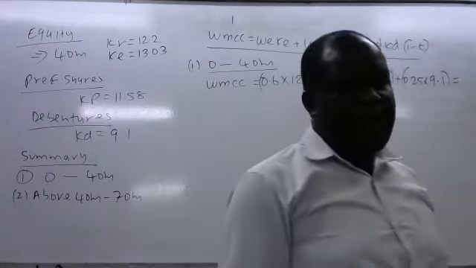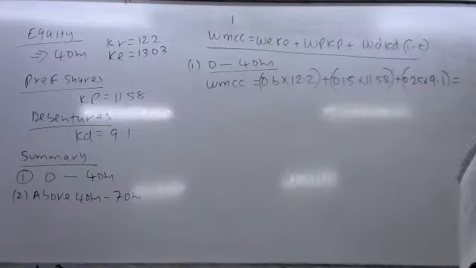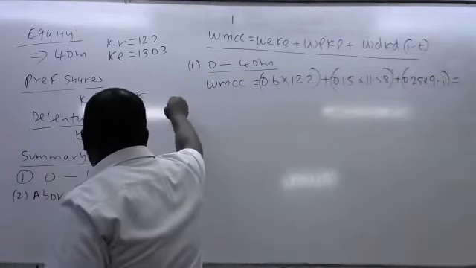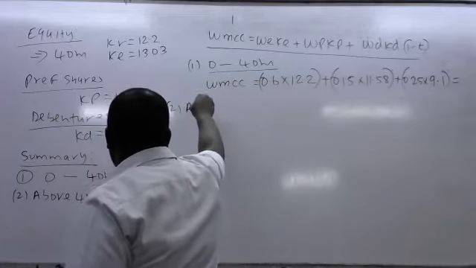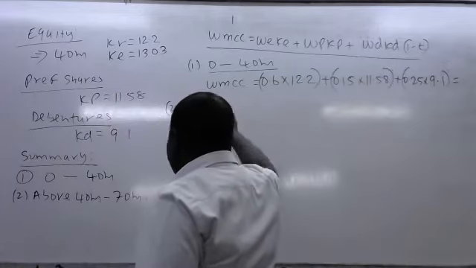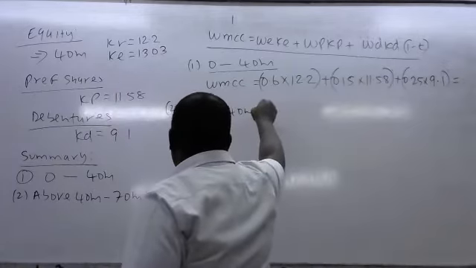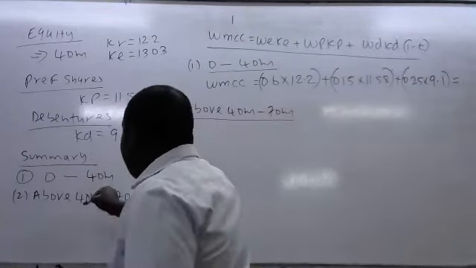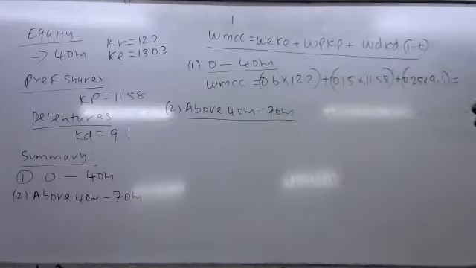So that should be now our Roman letter, the first one from 0 to 40. The second one is above 40 million up to 70 million.